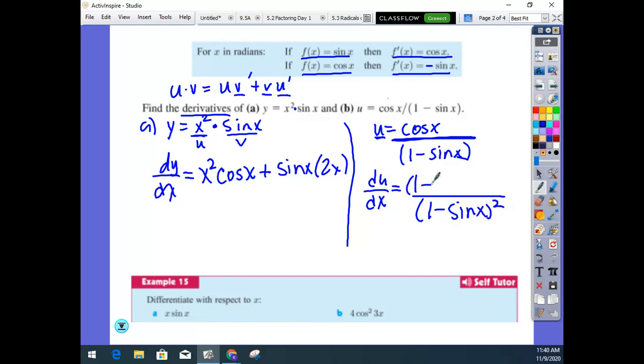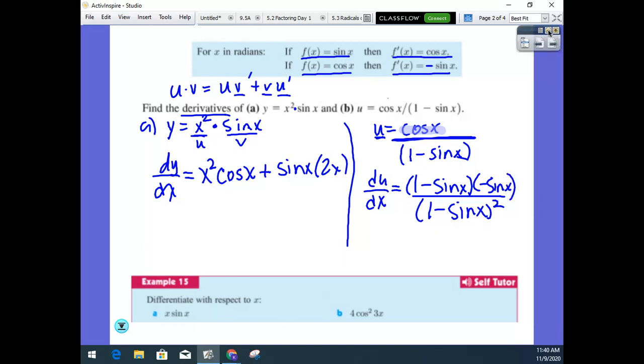Then I take the bottom times the derivative of the top, minus the top, cosine, times the derivative of the bottom, and the derivative of negative sine is negative cosine.